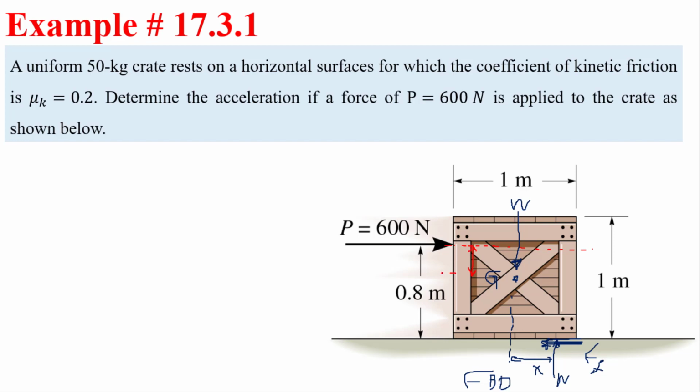Since this is a square crate, this is 0.5, so 0.8 minus 0.5 equals 0.3. So it is far away, distance 0.3. So this force does moment about G. How about weight? Weight does not do anything because it passes through point G.